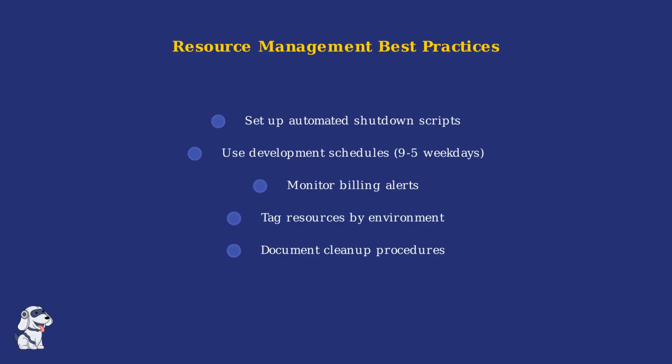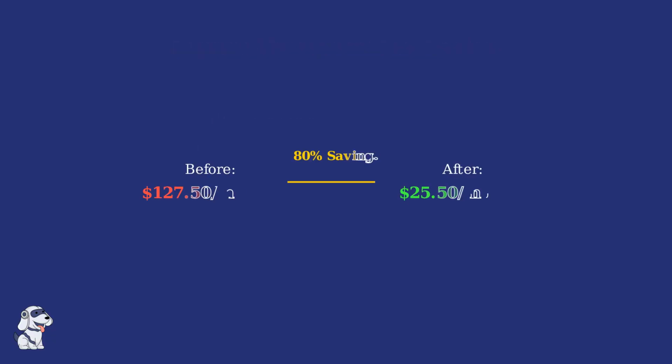Tag your resources by environment so you can easily identify what can be safely shut down. And always document your cleanup procedures for your team. By following these practices, you can reduce your cloud costs by 60 to 80% in development environments. Remember, every hour these resources run unnecessarily is money that could be better spent on actual development and innovation.